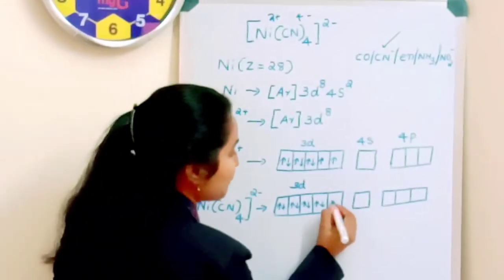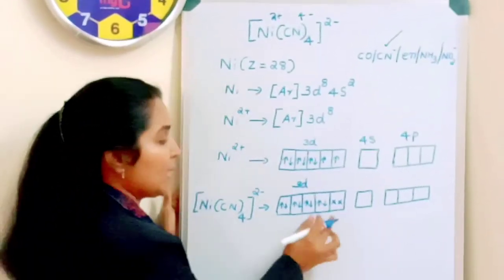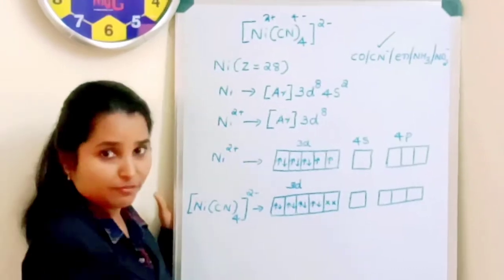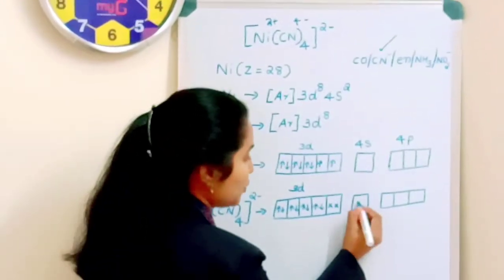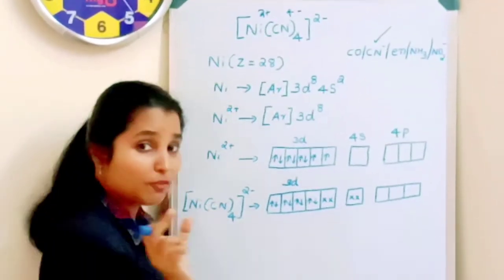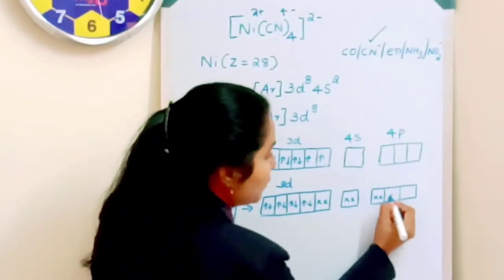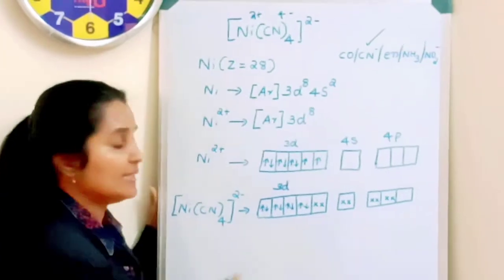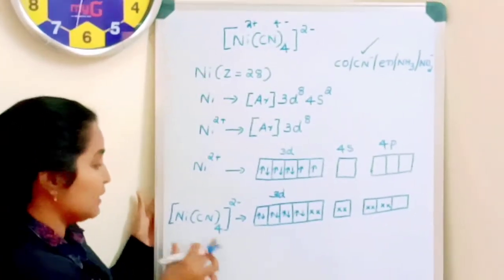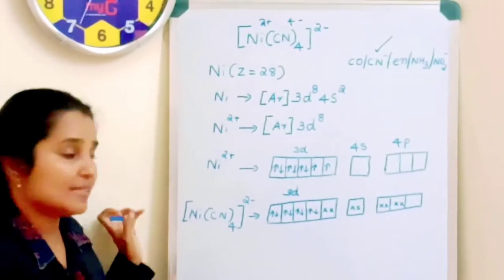You can see here. So this is one pair of electrons of the CN minus ligand. So this is the second pair. We have 4 pairs of electrons from the CN minus ligand. Third pair, fourth pair. So ligands have already taken their place and the formation of [Ni(CN)4]2- happened.